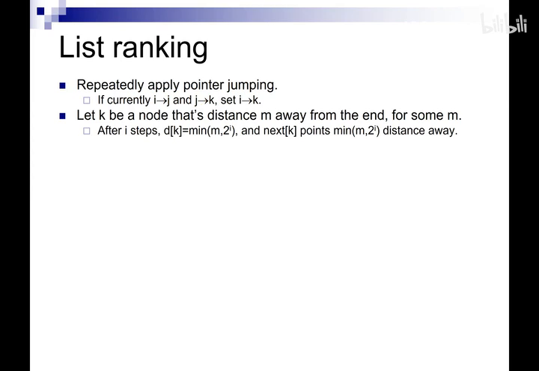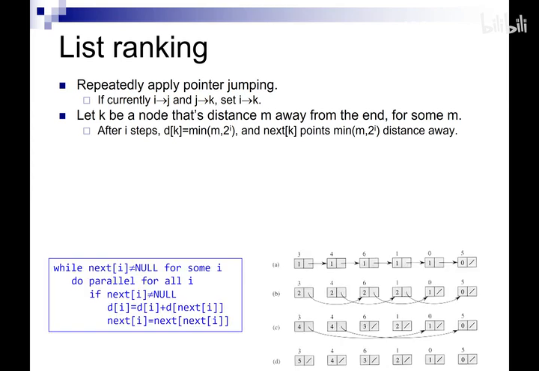Once we have pointer jumping, we can repeatedly apply it in order to compute the distances. The algorithm for doing this is over here. Every node keeps executing until its next pointer is equal to null, or this bottom symbol. In each time step, all of the processes operate in parallel.